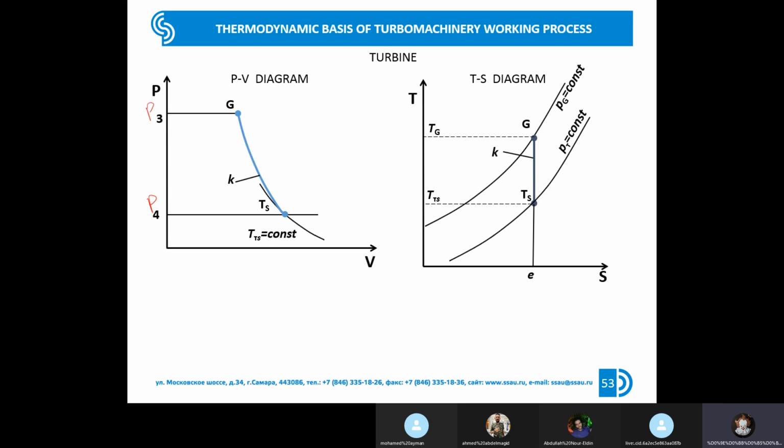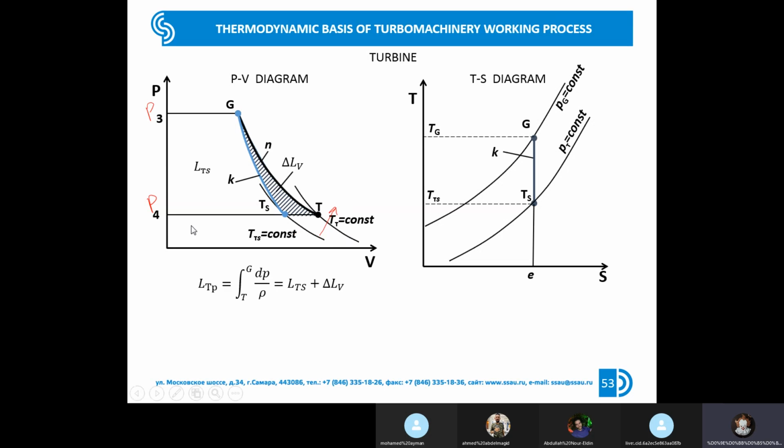The same analysis: in reality, we have losses. We are supplying internal heat to our flow, and finally we receive more heated gas. It means that the temperature at the outlet of the turbine will be increased. That's why point TS in the real case must be moved to the isothermic line which corresponds to a higher temperature. It means it will be moved here.